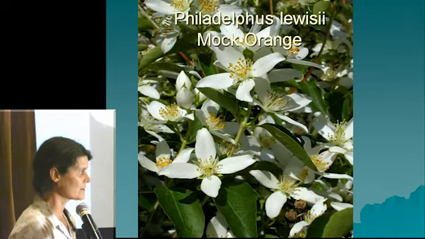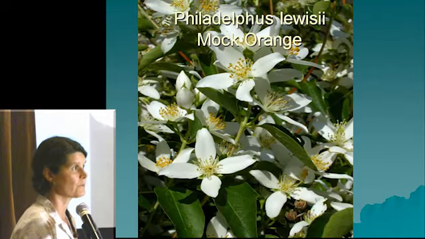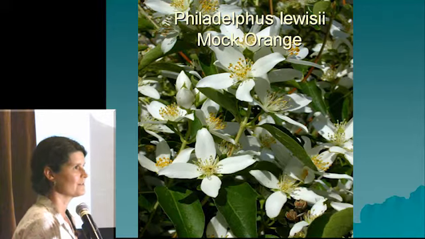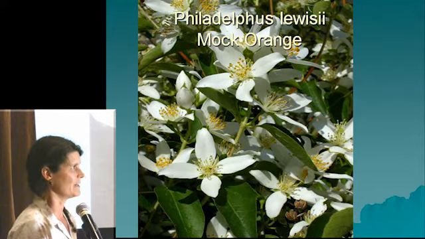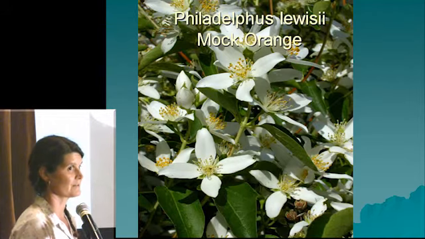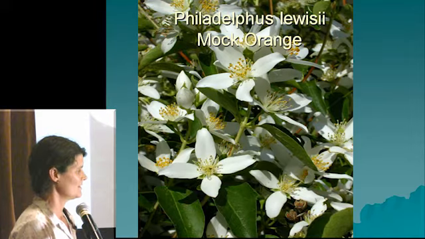And then Philadelphus lewisii, mock orange, that's another one that I just recently saw flowering up in Yosemite by the Merced River. Beautiful, beautiful plant. It gets maybe 6 feet. Fragrant flowers, just amazing smell, if you've ever smelled them.